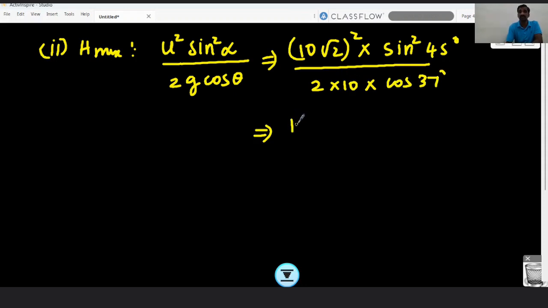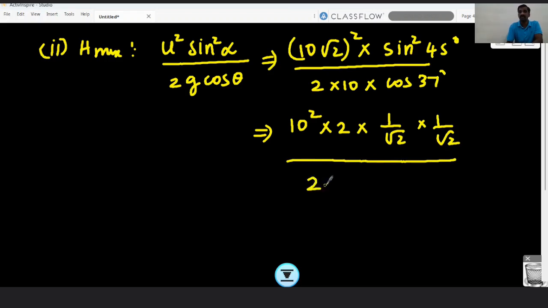10 square, and root 2 squared you will be getting 2, into sin square 45 degree. sin 45 is 1 by root 2. So 1 by root 2 into 1 by root 2, divided by 2 into 10 into cos 37, which is 4 by 5, I told you, no?